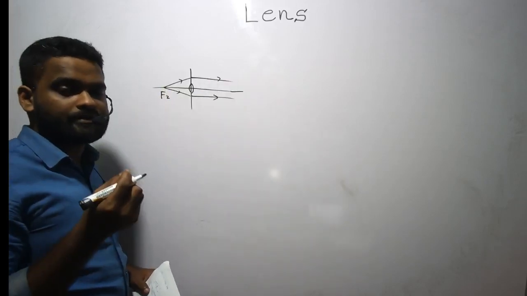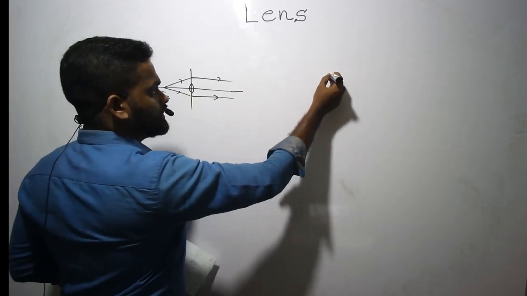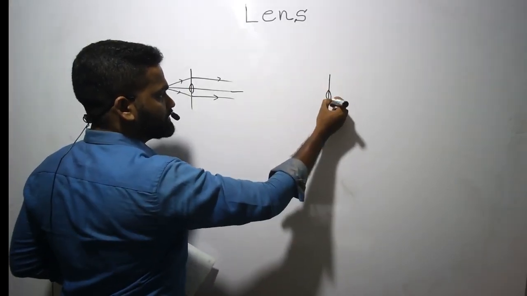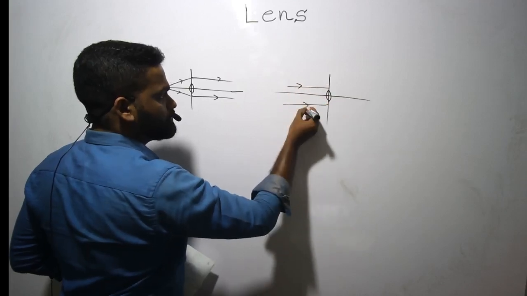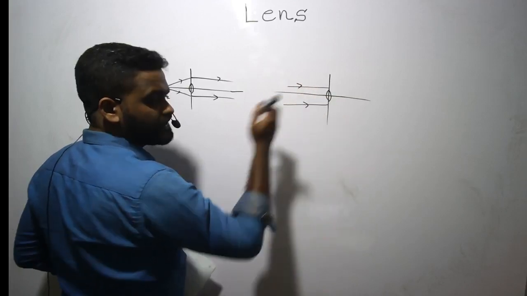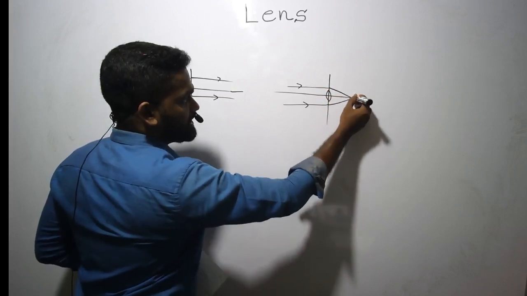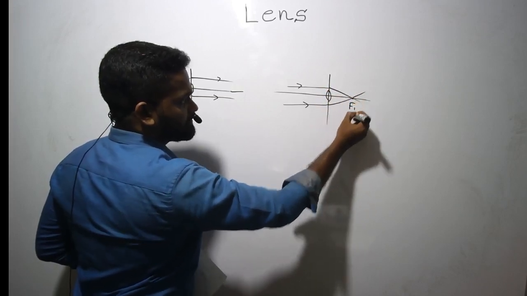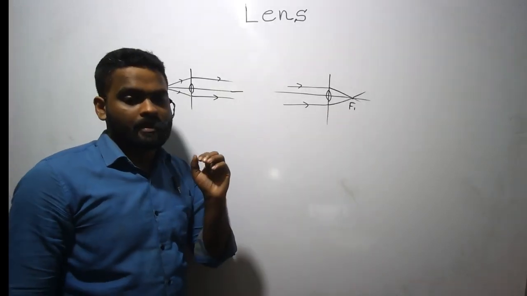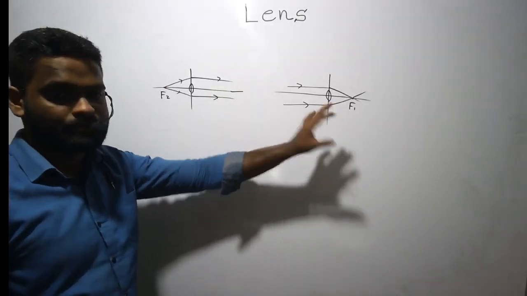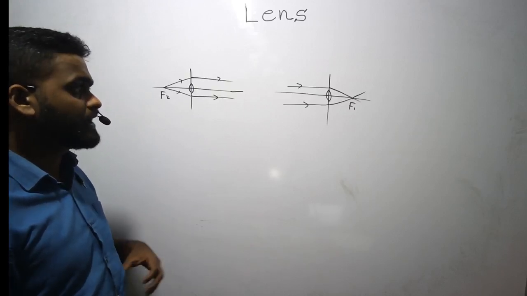Then how do you identify the primary focus? The opposite happens in the primary focus. When you get a parallel light beam, it converges into the primary focus, for a convex lens, right? It converges. Okay, draw those two. Now I think you understand that, right?